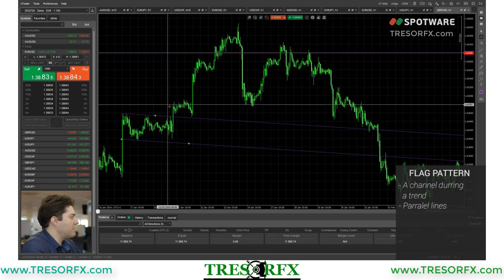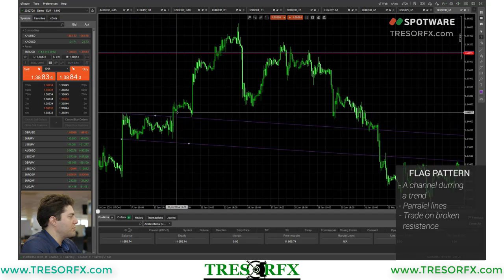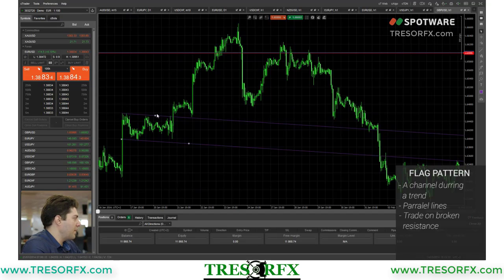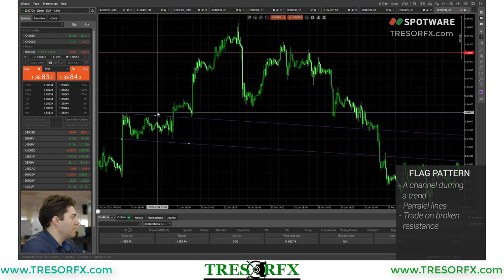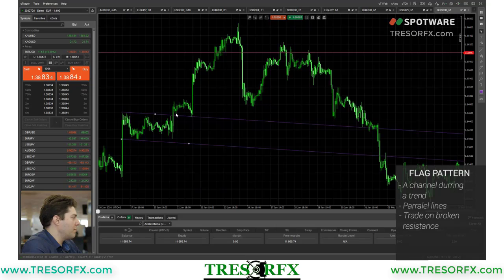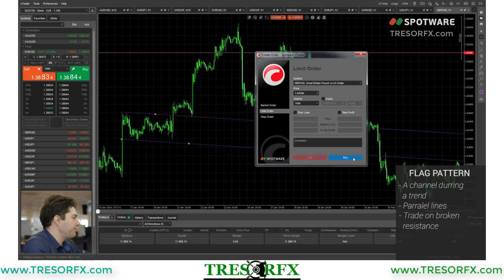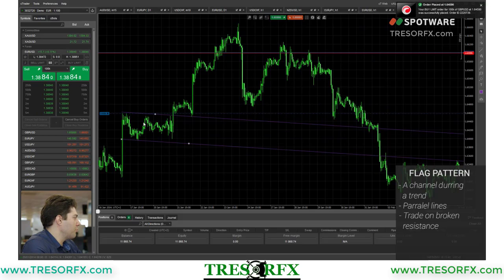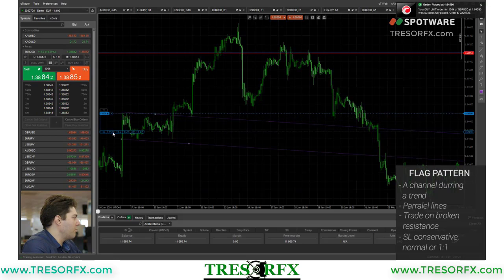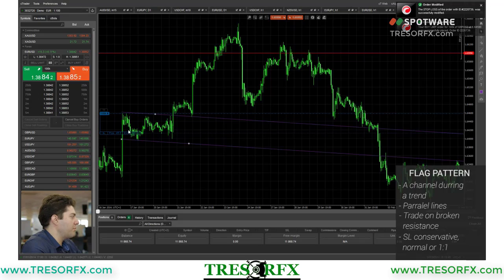When the flag is broken, usually it's broken in the direction of the trend. We trade it when the resistance is broken. Again, because it's a trend, maybe we don't want to wait for the retest. So we're going to enter here. Our stop loss again can be below the candlestick. In this case, this is enough because you see it's a big distance, so we don't need anything more.